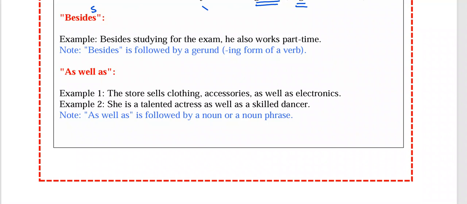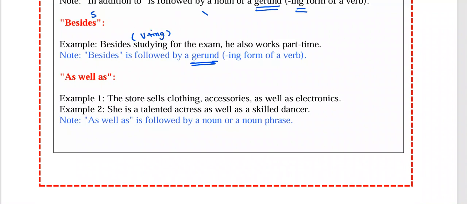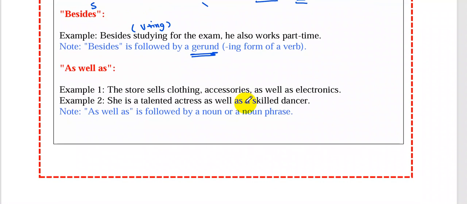So besides here is followed by what? Followed by a gerund, which is studying, so verb and ing. Okay, so besides studying for the exam, he also works part-time, and you can say besides his exams if you want to follow it by a noun phrase.